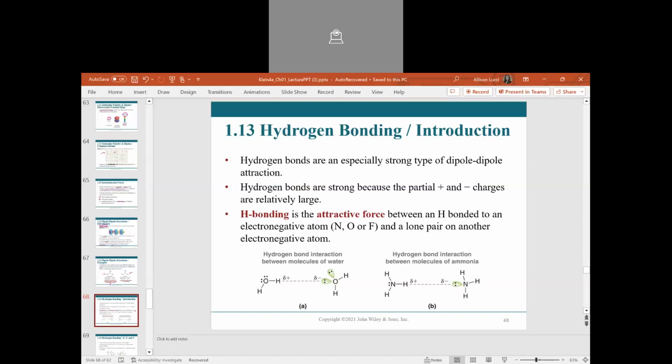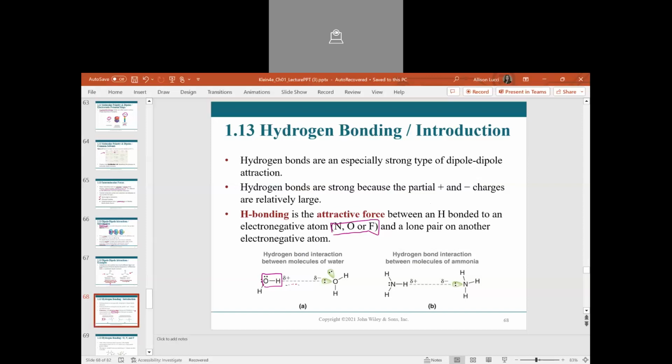So hydrogen bonding, we should have heard about this with our intermolecular forces. This is only possible when we have a hydrogen that's right next to a really electronegative atom, such as oxygen. So we see with water down here, this OH bond can hydrogen bond.